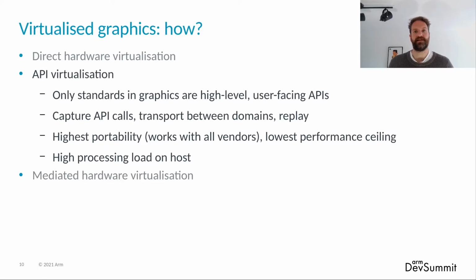So that's extremely portable because everyone ships these APIs, everyone conforms to them, but it has the lowest performance ceiling because we're incurring more overhead and we're not necessarily drawing that line at the place where we can get the highest performance. And it does incur processing load on the host to track and execute these things.